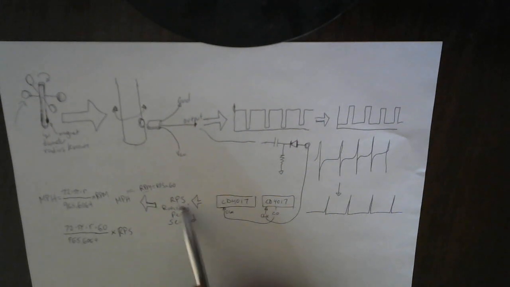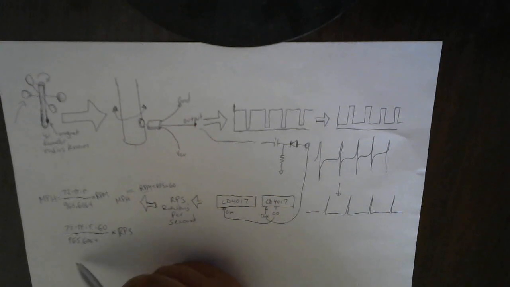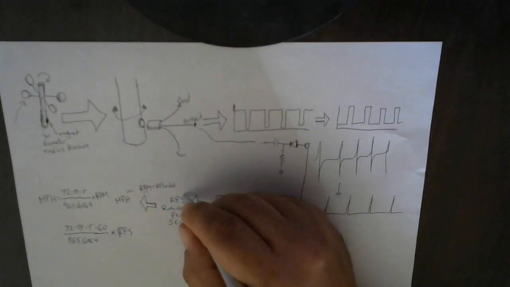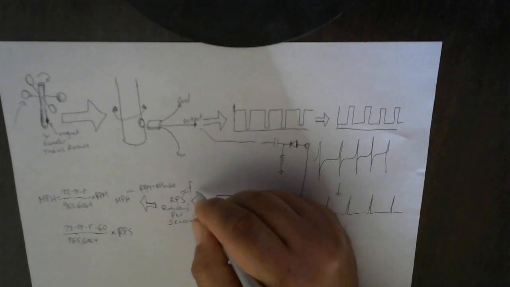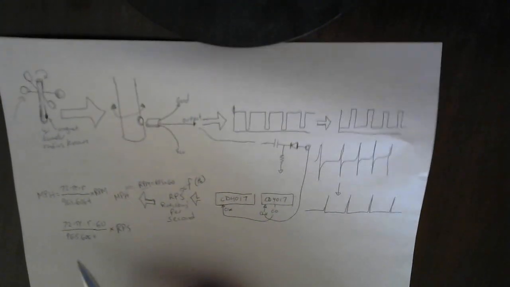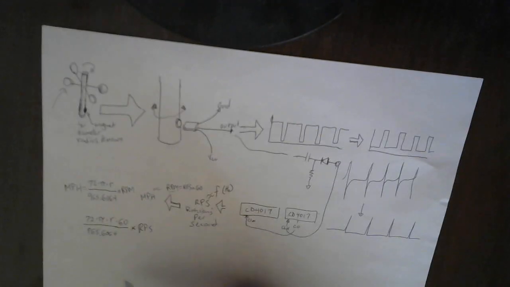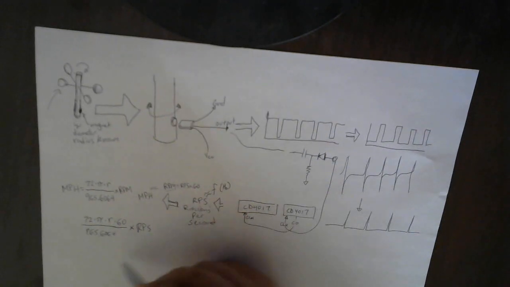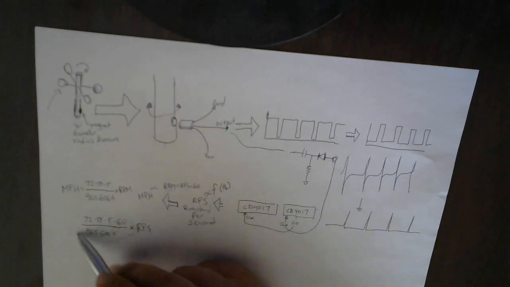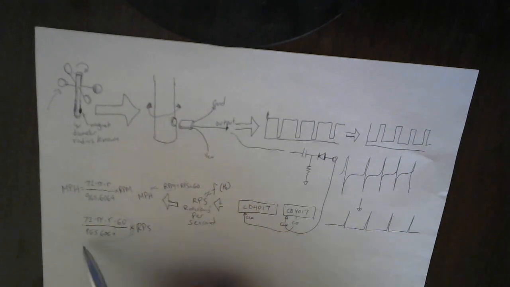So from this value, we're going to get a frequency in hertz, which is rotations per second. And so this is equivalent to the frequency in hertz. Then what we do is we're going to need to create a frequency multiplier here in order to find this.